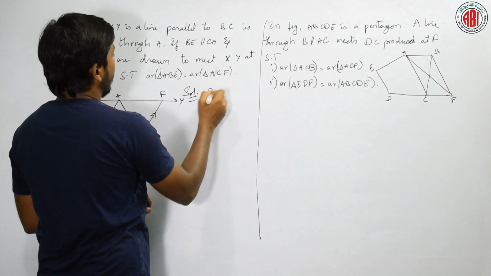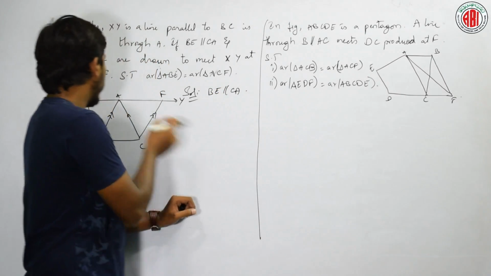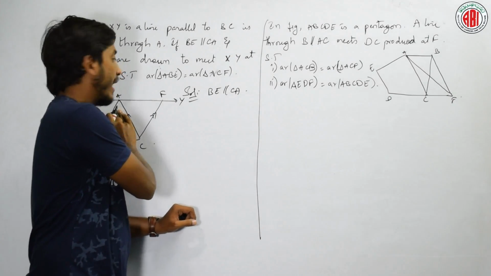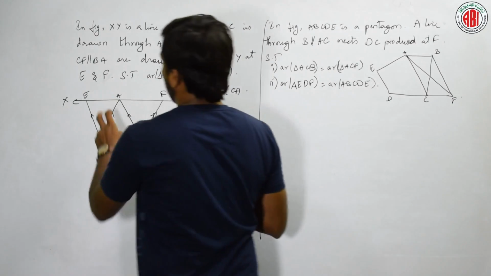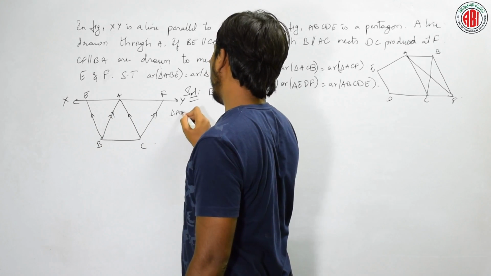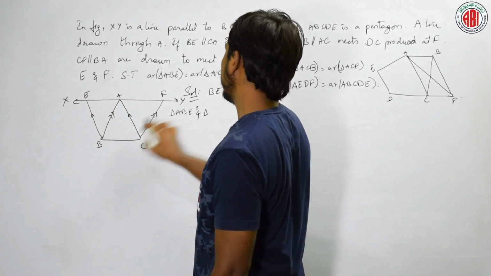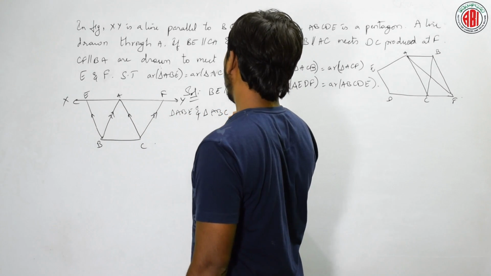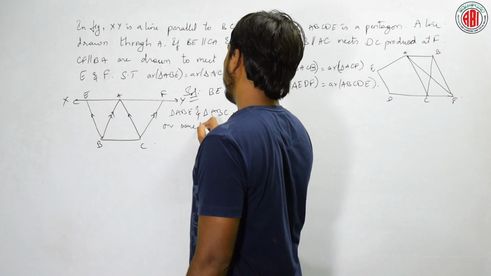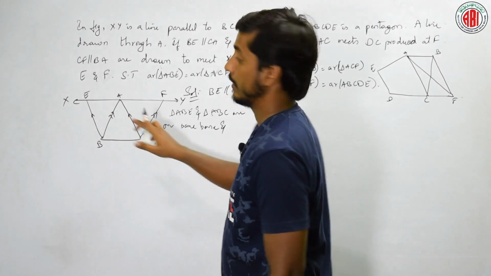Let us take BE parallel to CA. See here, BE is parallel to CA, fine, and there are two triangles here, triangle ABE and triangle ABC, which are on the same base and between two parallel lines, isn't it?